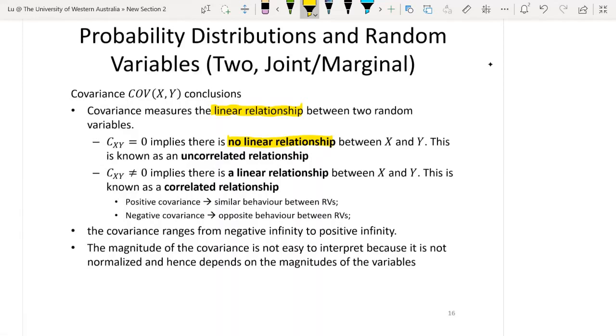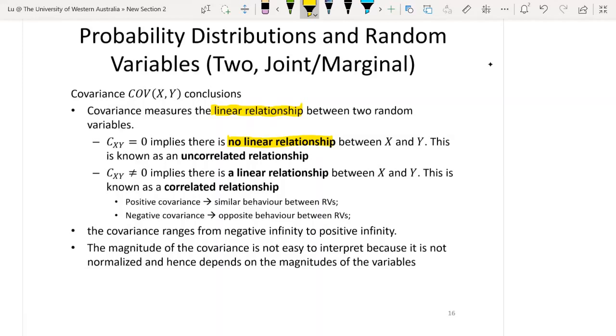Okay, and if the covariance cxy is non-zero, that means between x and y there is a linear relationship. So we call such a relationship correlation, or a correlated relationship. Regarding the correlation, there are two cases.